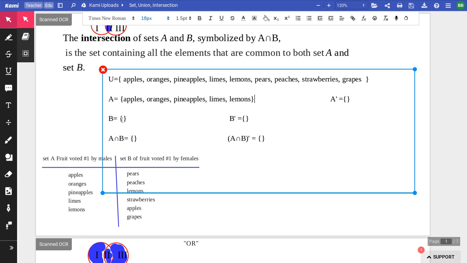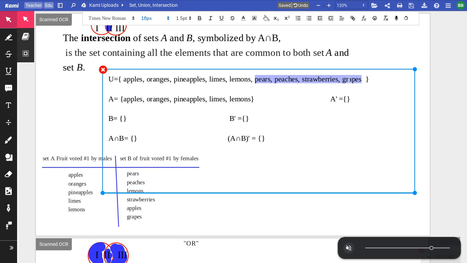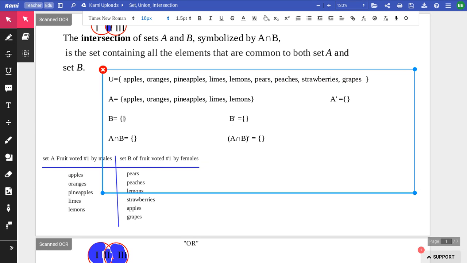Let's list what's in set B. So we have pears, peaches, lemons, strawberries, apples, and grapes.